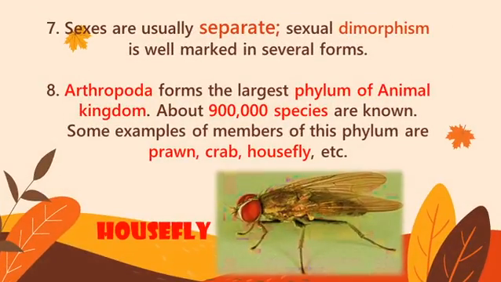Sexes are usually separate, male and female. Sexual dimorphism is well marked in several forms. Male and female are well organized and separate in each animal. Arthropoda forms the largest phylum of the animal kingdom.